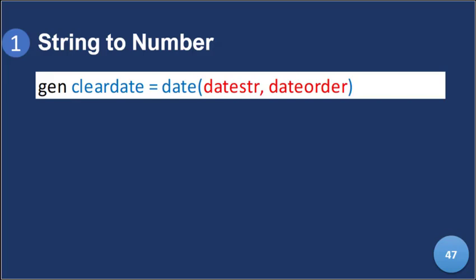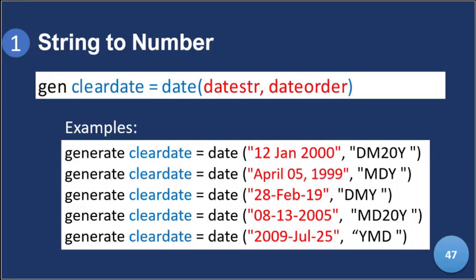I say gen clear_date equals date. There's a function called date. I quote the date string, which I showed you, and what I call the date order or date elements. This is an example. I'd already put these dates in the first slide.